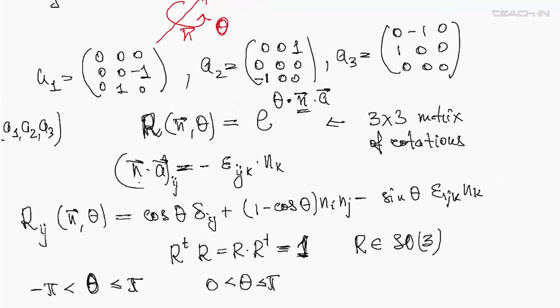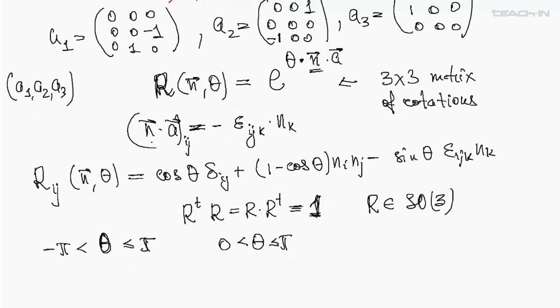If you change the sign of theta, then cosine of theta will not be changed. Since here you have ni and nj, if you change the sign of all ni's, this product will not be changed. And here, the change of the sign of theta will lead to the appearance of a plus, but this plus can be compensated by changing the sign of all nk's.